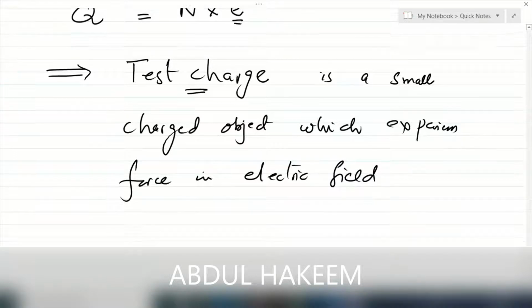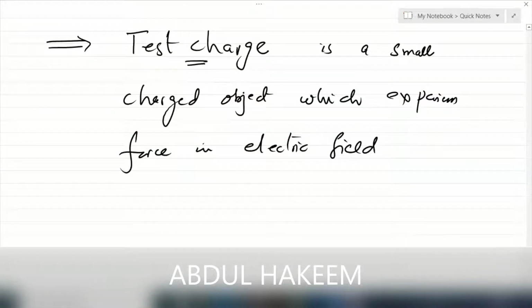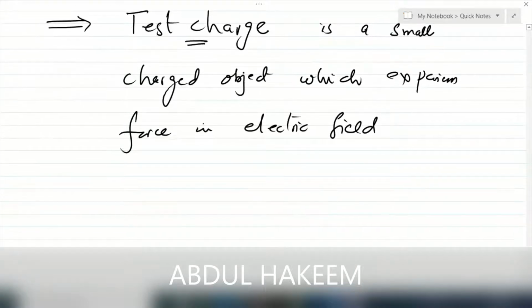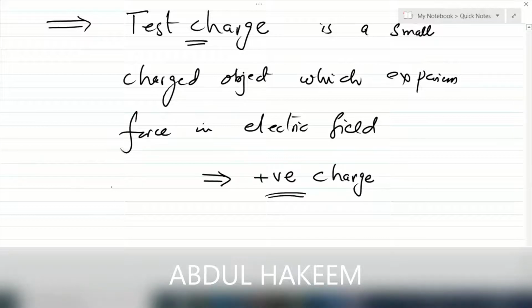So a small charge particle which experiences force in the electric field is called test charge. It can be positive, it can be negative, but for the theory, it is assumed only positive charge. Both charges will experience force, but to clear the ambiguity, only the positive charge is considered as a test charge.